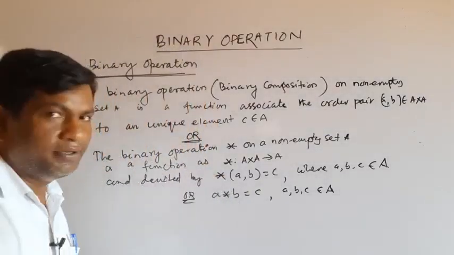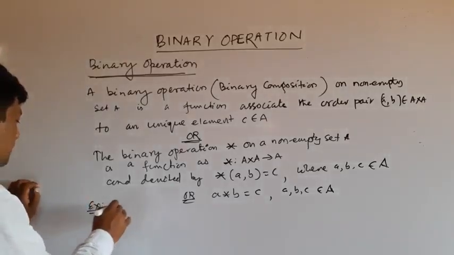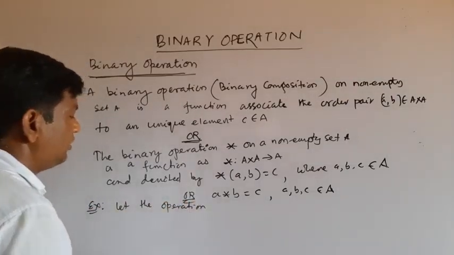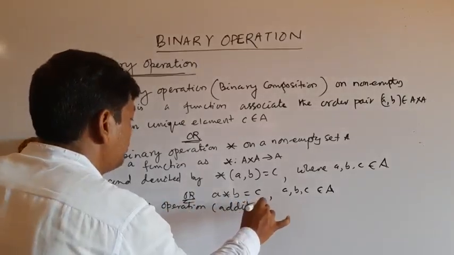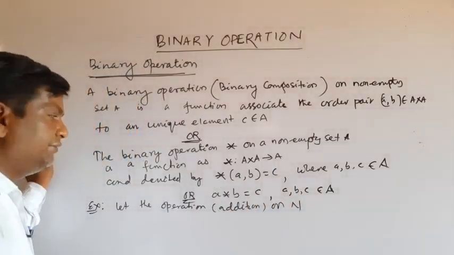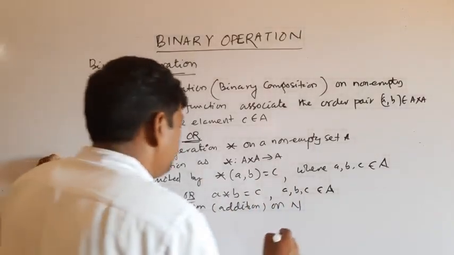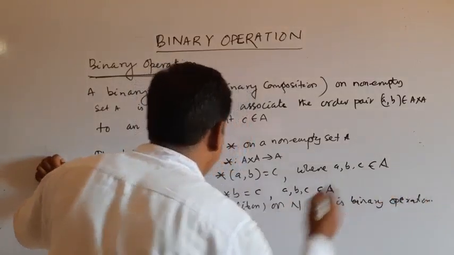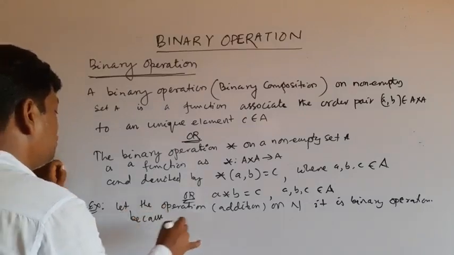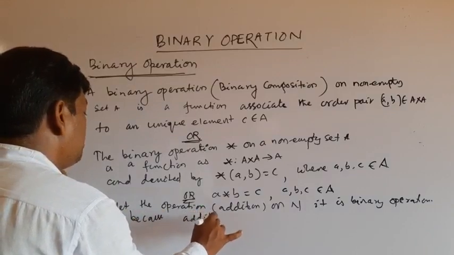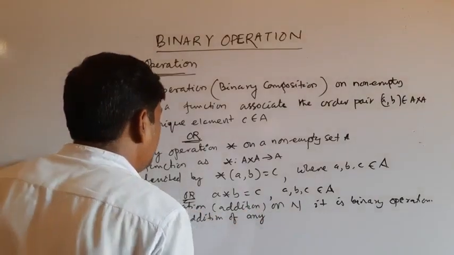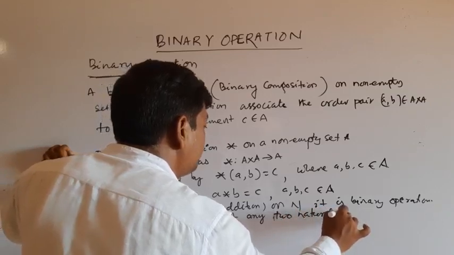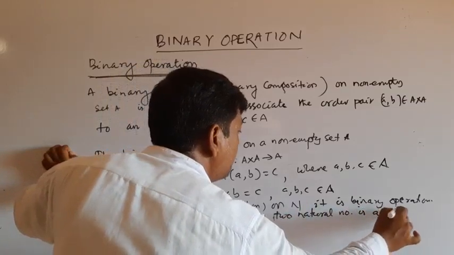Example: let the operation be addition on N. It is a binary operation because the sum of any two natural numbers is a natural number.